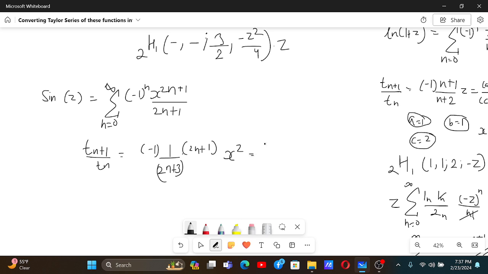We can write this also as n plus 1 by 2, n plus 1 by 3. Sorry, this is factorial, and that's why there are some errors over here.